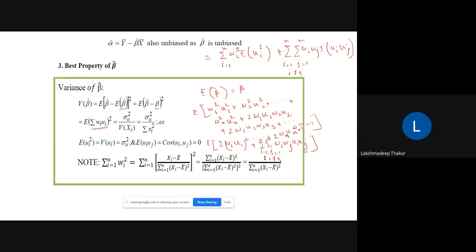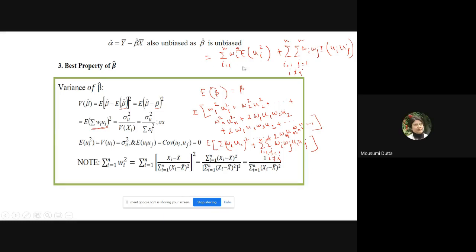I kept ui uj together because in the next step I'll take the expectation. Expectation will be operated on this product ui uj, and for that matter I kept ui uj together. Is it okay? Yes, ma'am.